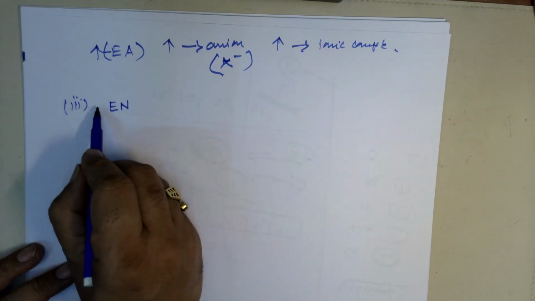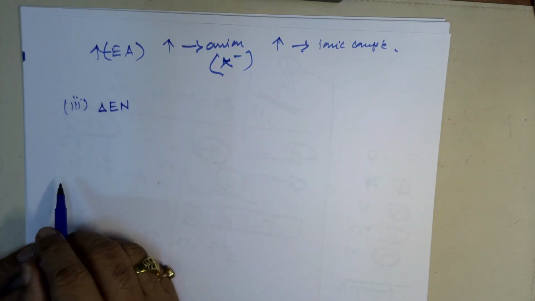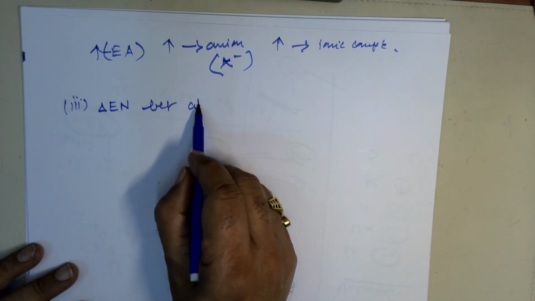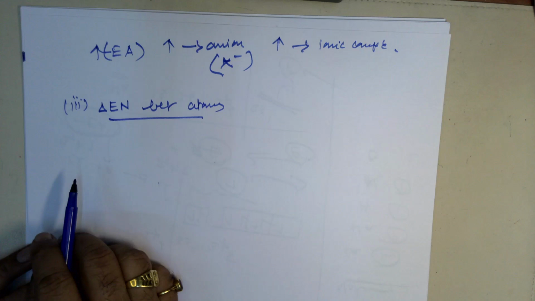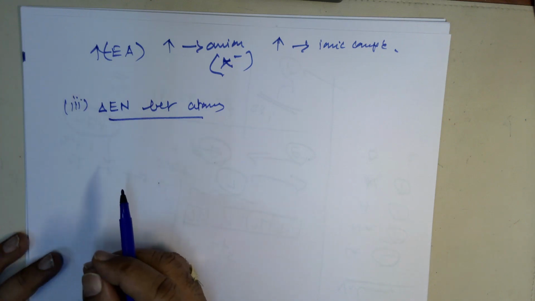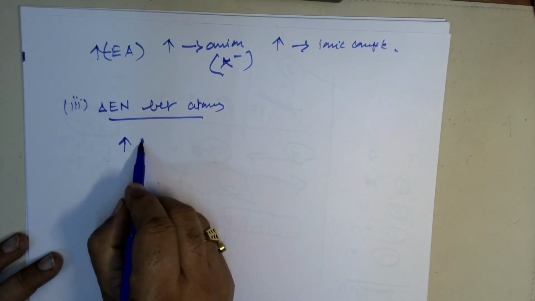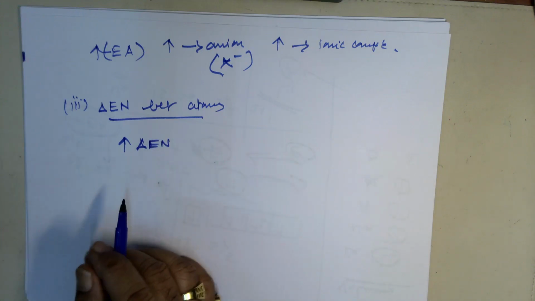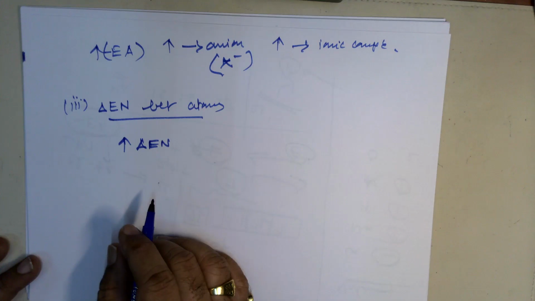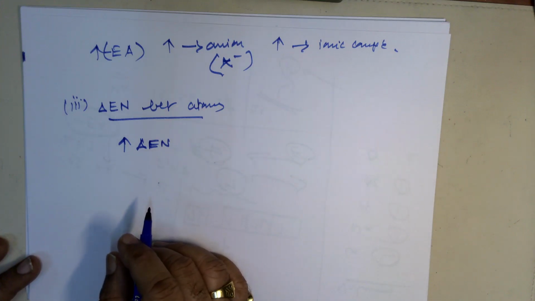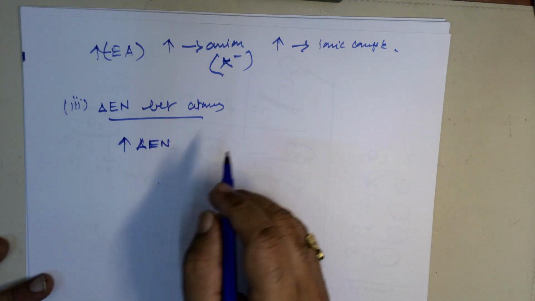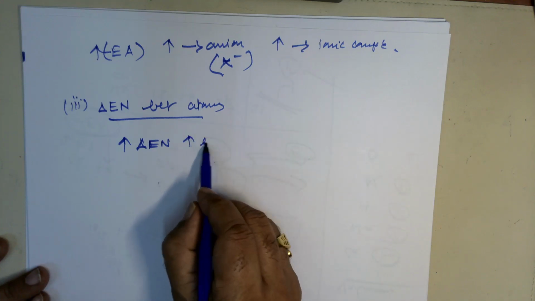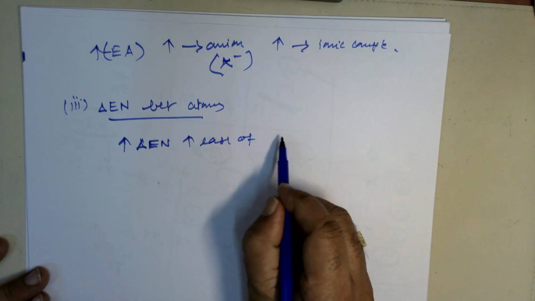In this case, the larger the difference, or wider the difference between the electronegativities of the reacting species, higher will be the ease of formation of ionic compound.